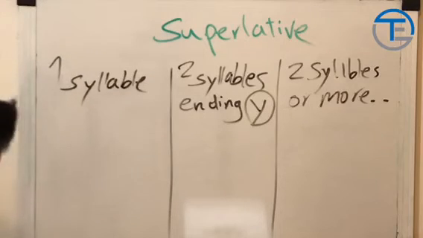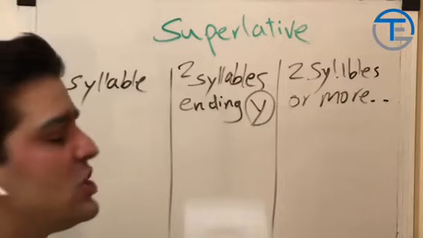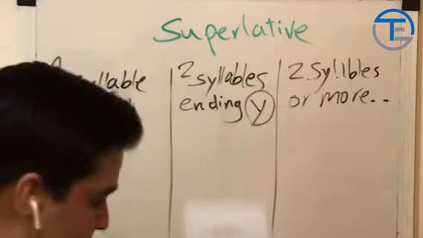For example, 1 syllable. You have to say an adjective that has just 1 syllable.